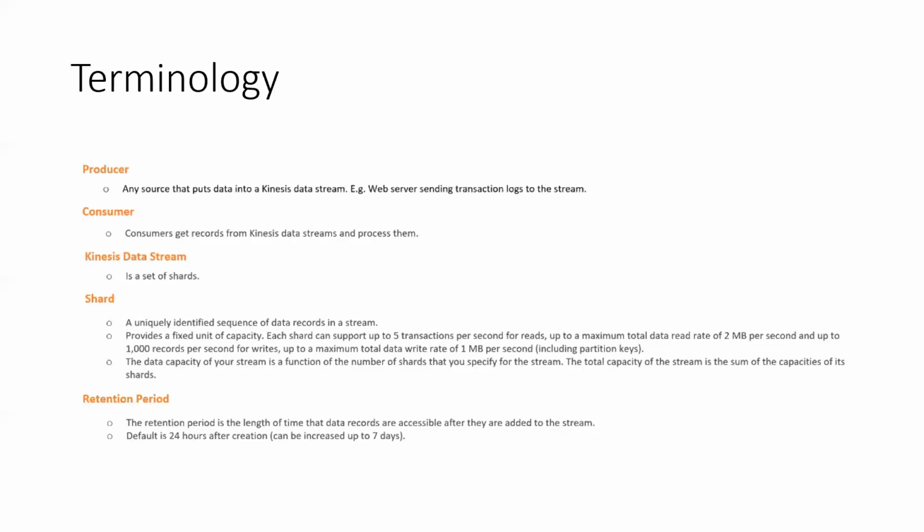But in data stream, different producers are sending the data. There is no limit that only one producer can put data. You keep on getting the logs: one set of logs, two sets of logs, three sets of logs.